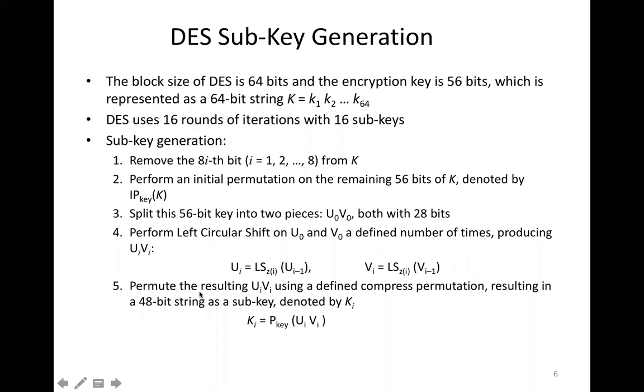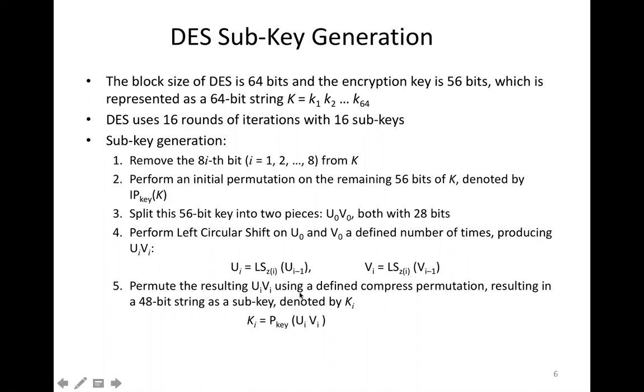All right, and then at the end, you get U sub 16 and V sub 16. So for each I, you permute the resulting U sub I followed by V sub I using a defined complex permutation.